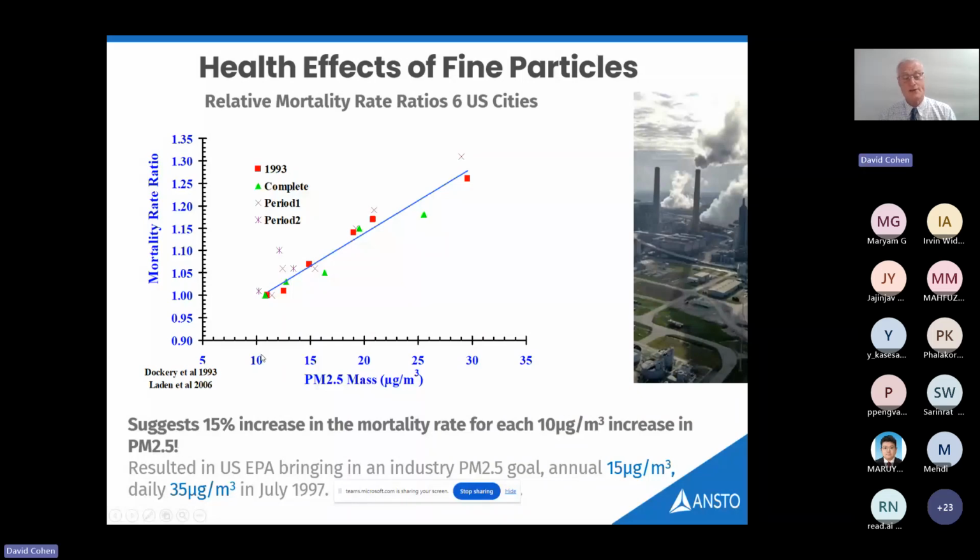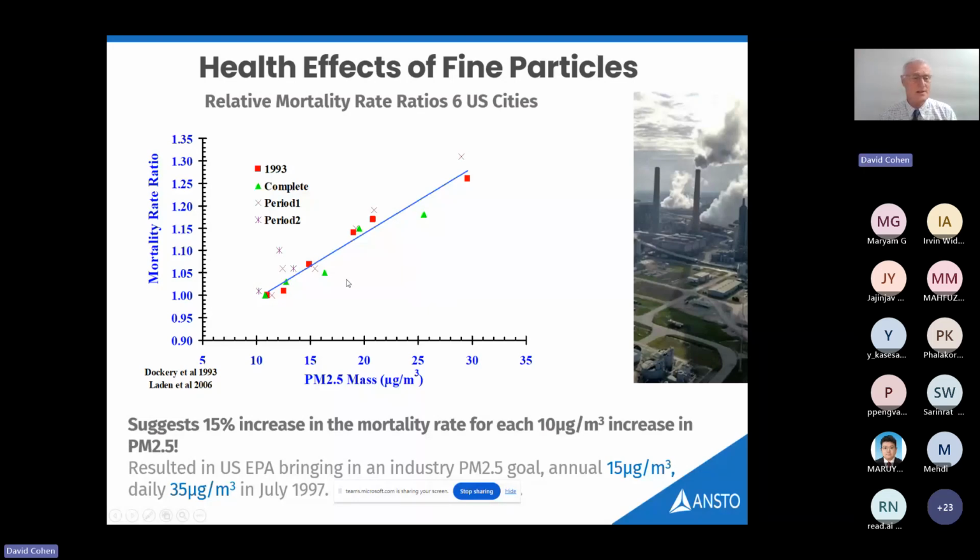And let me tell you, the health department here in Sydney, and we have what we consider a very unpolluted city, our annual average fine particle mass is about 8 micrograms per cubic meter. And our health department says that in a city of Sydney with 5 million people, 606 people a year die prematurely because of our PM2.5 particle pollution. That is twice what we kill on the roads in the road toll.